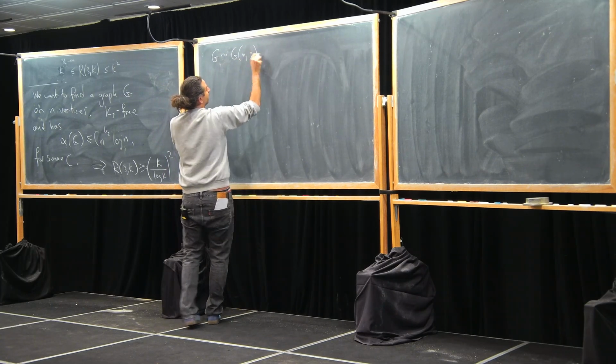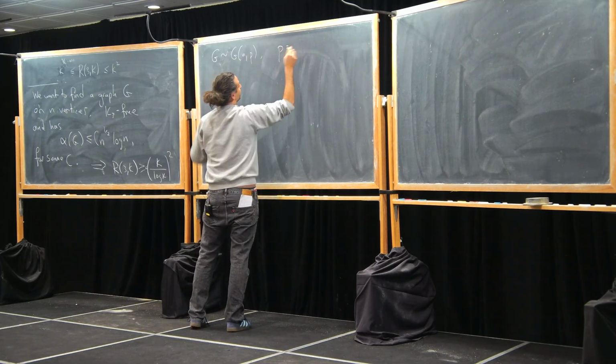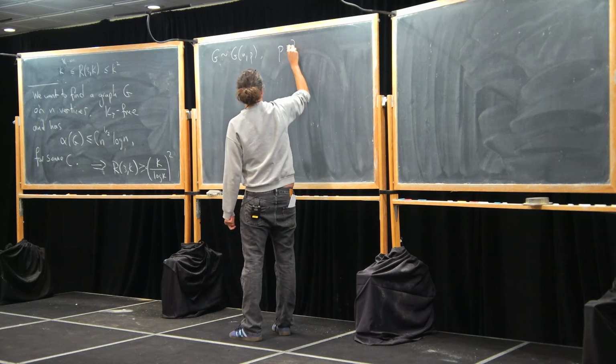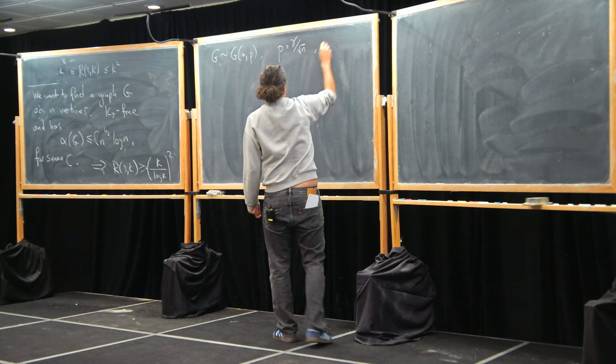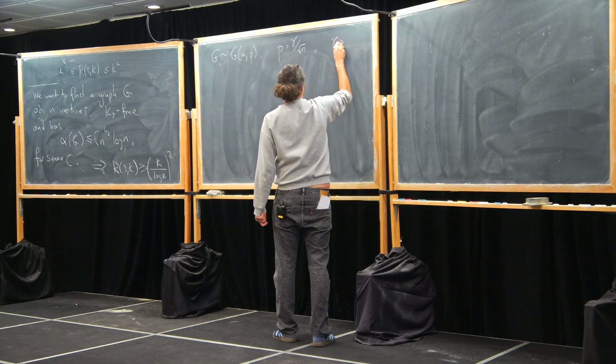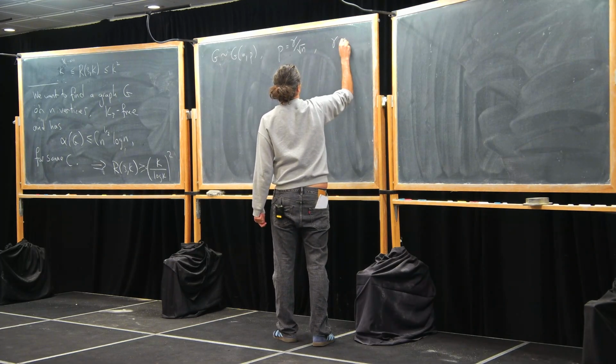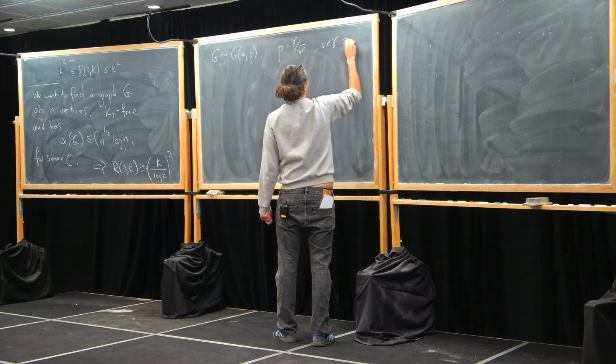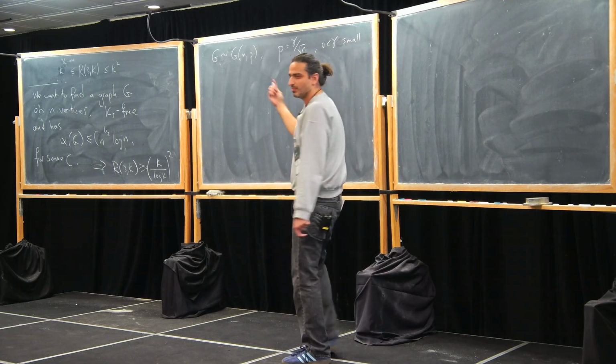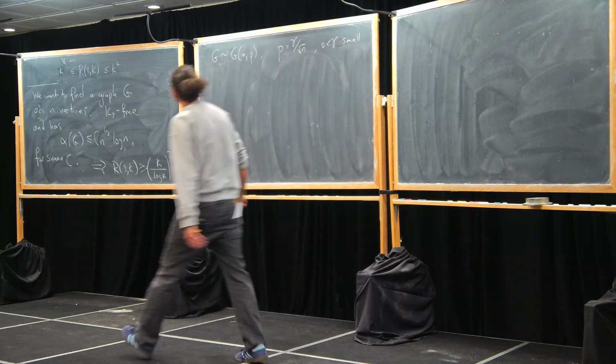And just to remind heuristically where we were, the idea was to sample G from G(n,p), where p will be about 1 over root n, so some gamma over root n, gamma a small constant. We'll see in the paper what number comes out.